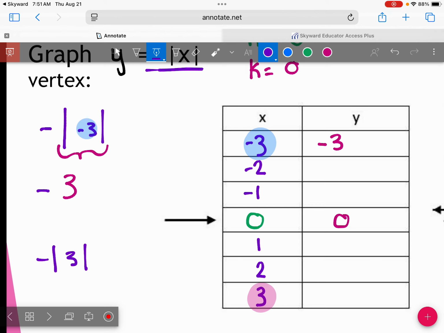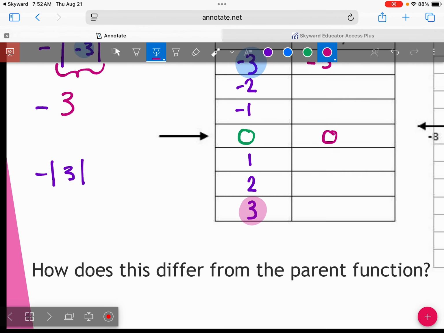Again, I'm going to do this without the negative first. What is the absolute value of +3? How many steps from 0 is 3? 3. But we need to bring this minus sign down too, because this is just the absolute value of 3. This minus sign is still hanging out front. So this one is also a -3.